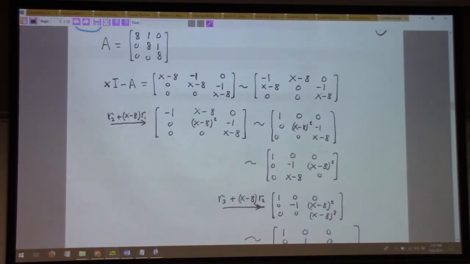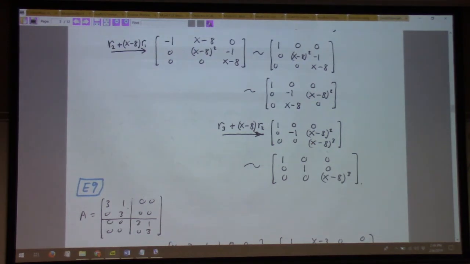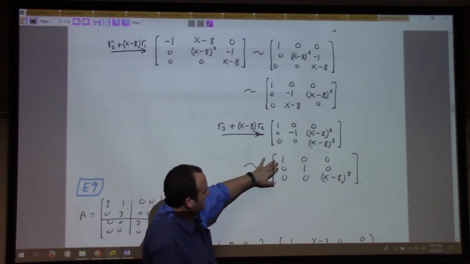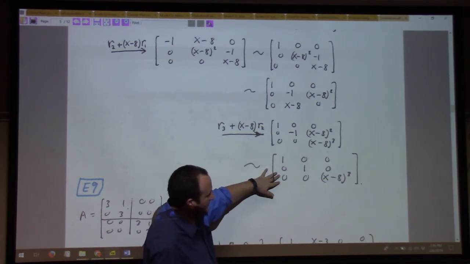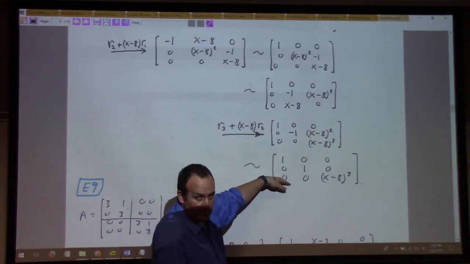This one is a 3 by 3 Jordan block. It works out like that. We'll talk about the Jordan form next class, okay, guys? The rational canonical form for this matrix would be like 0, 1, 0, 0, 0, 1.